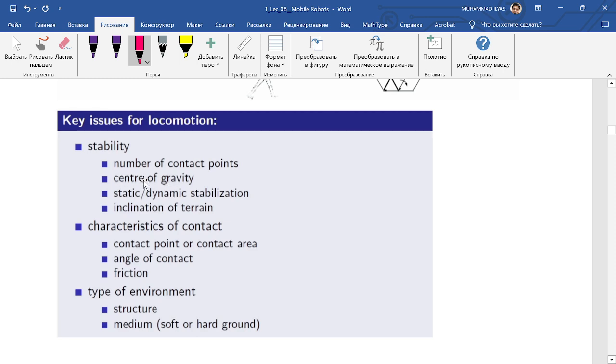And then we have the center of gravity of our system for stability calculation, and the type of the terrain, or the type of the environment or inclination in which our robotic system is operating. These are the factors which determine the stability of our overall system.